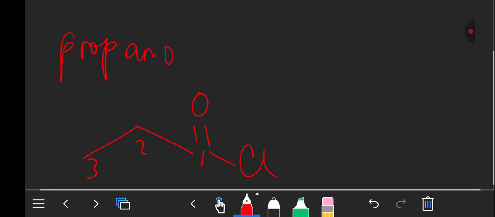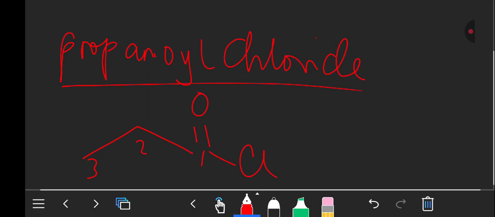Then the ic, instead of being propanoic, we remove ic and replace with yl. So it would be propanoyl. What is the halogen? It's chloride. So that is how you name this compound.